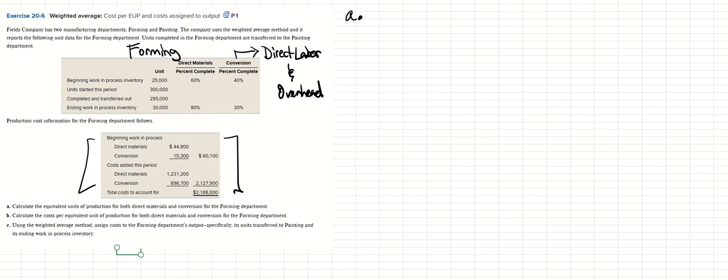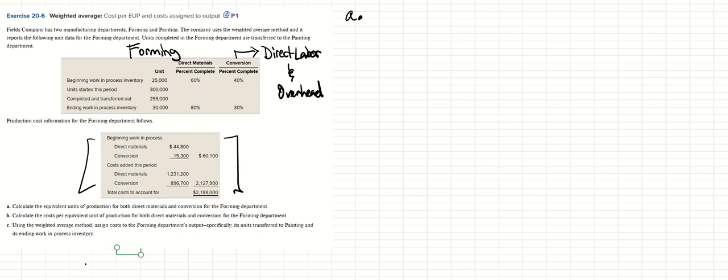Since they are partially completed, these are units that will eventually be transferred from one department into another, and you have to assign a cost to those units in order to manage the costs of producing a mass number of units. So we're going to start by going over a couple of things that need to be included in order to figure out the equivalent units of production for direct materials and conversion.